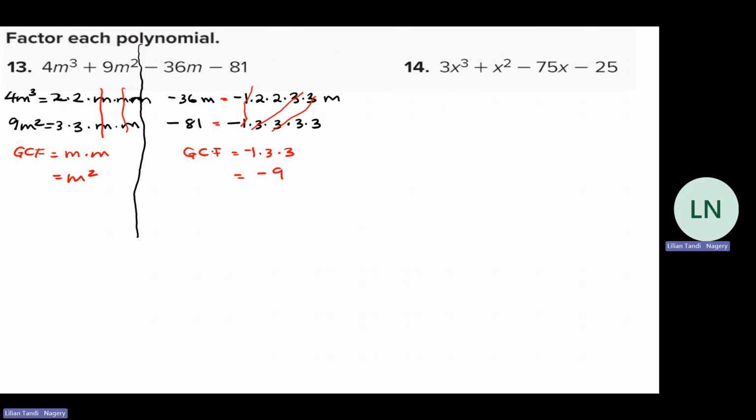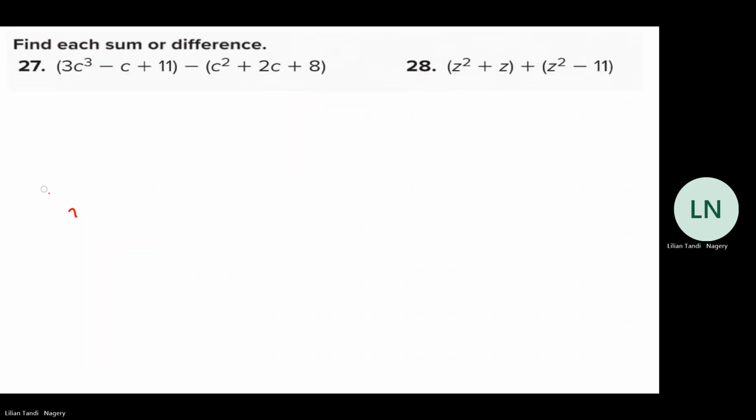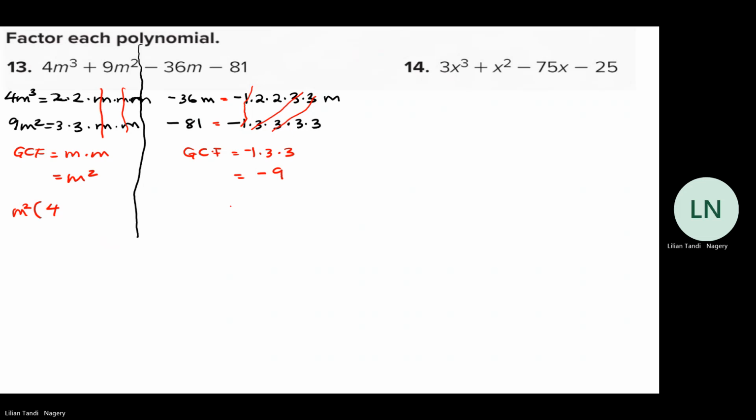All right. Then now we need to do here m squared, 4m, 4 and this m here, and then here is plus 9.